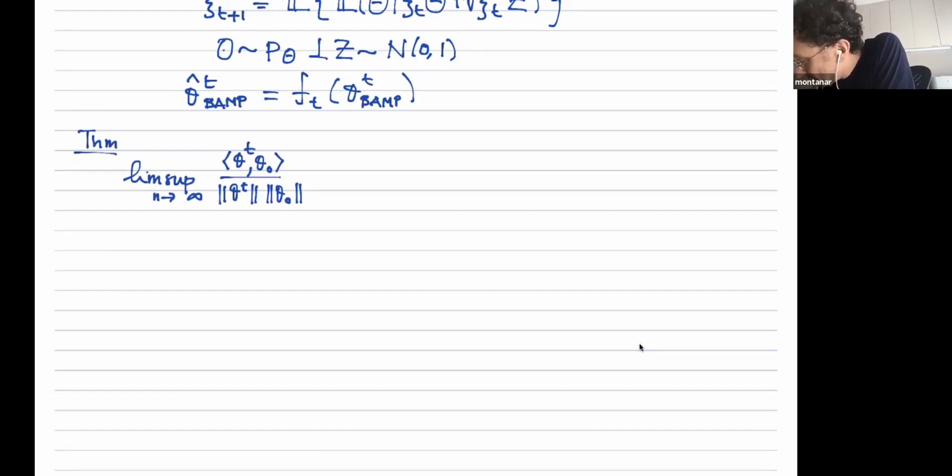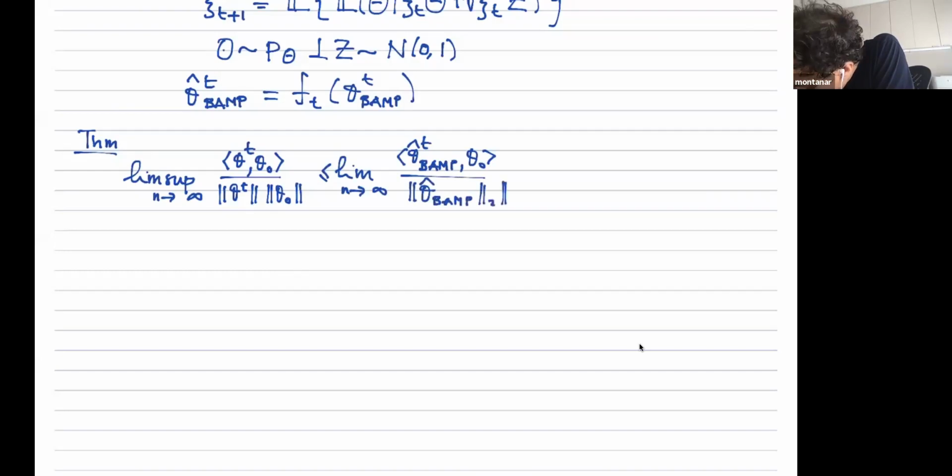So this is the cosine of the angle. You want it as big as possible. And this is the bump. And this is, if I didn't make a calculation wrong, the square root of psi t.